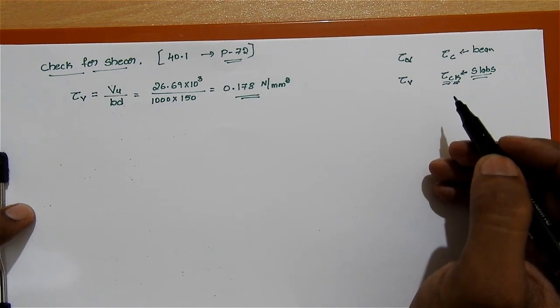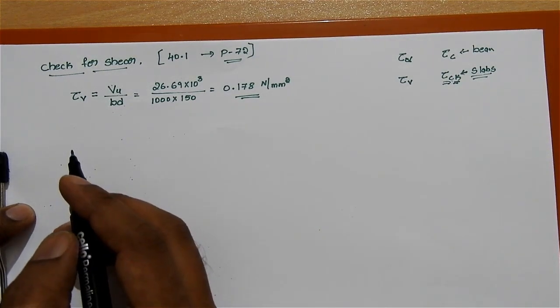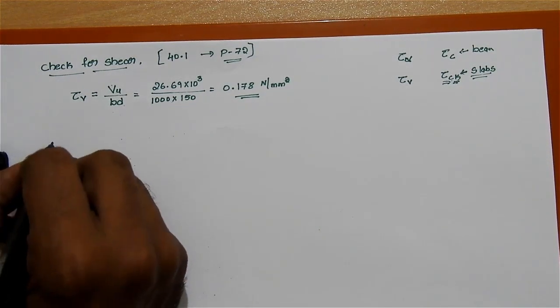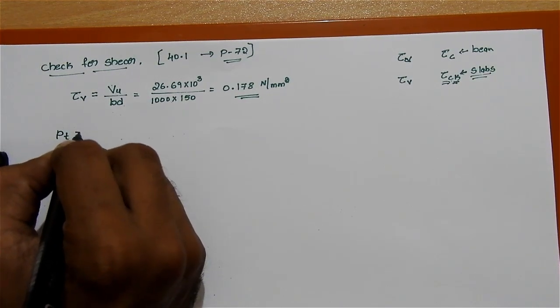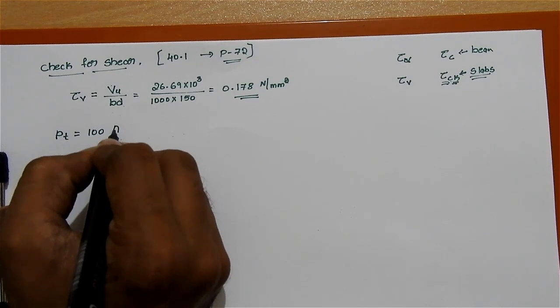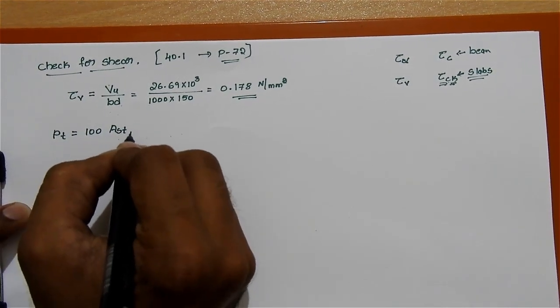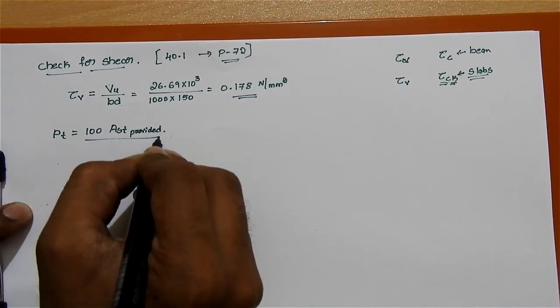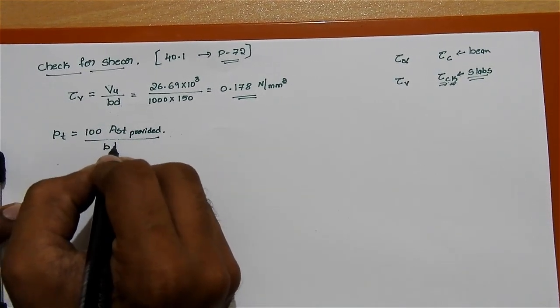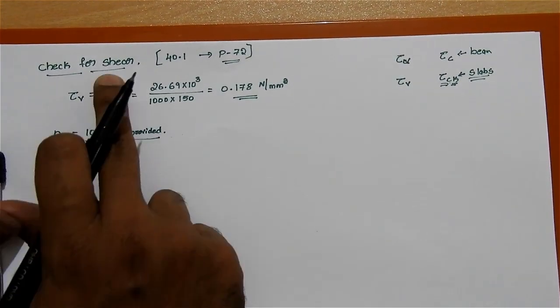Now how to get the tau c value? In the table, in column number 1, we have percentage of steel, pt, is equal to 100 Ast provided. Here it is provided, not required, because for the steel we have provided, we are checking whether it is safe against shear.